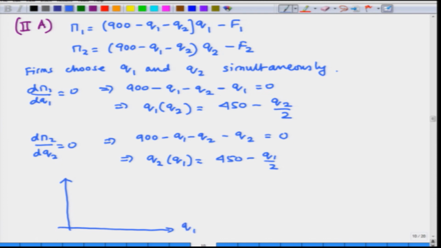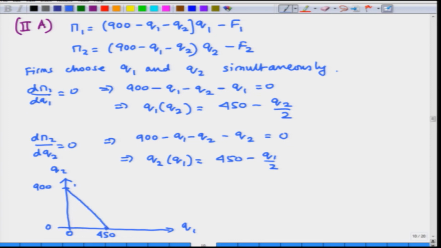So, we have q1, we have q2. So, if q2 is equal to 0, firm 1's best response is to produce 450. So, this is 450, whereas if q2 is equal to 900, firm 1's best response is to produce 0 units.